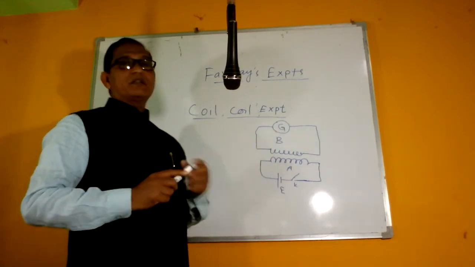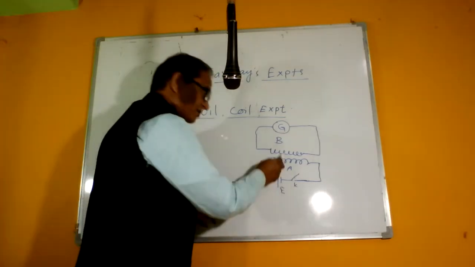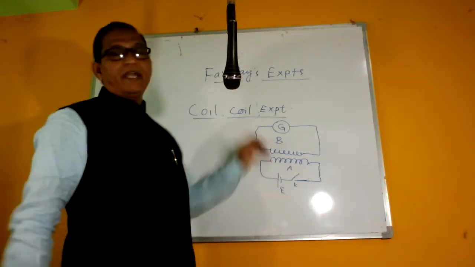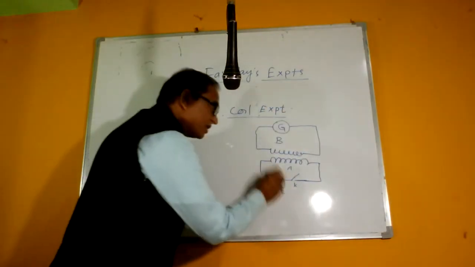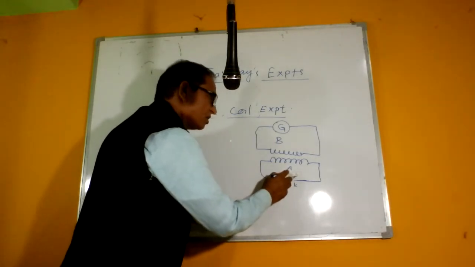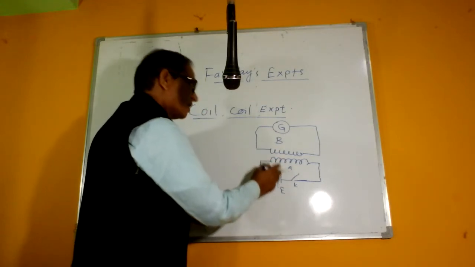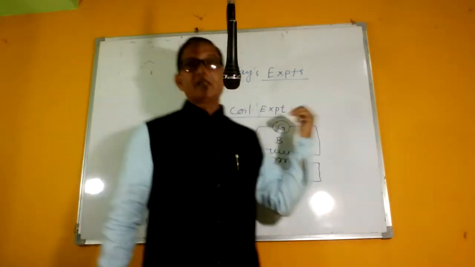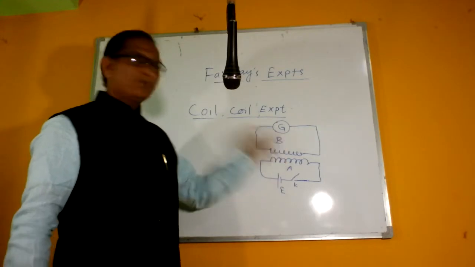As the current increases steadily, we will not find any deflection in the galvanometer. If the tap key is released so that the current falls and stops in coil A, we again find a deflection in the galvanometer connected across the B coil.